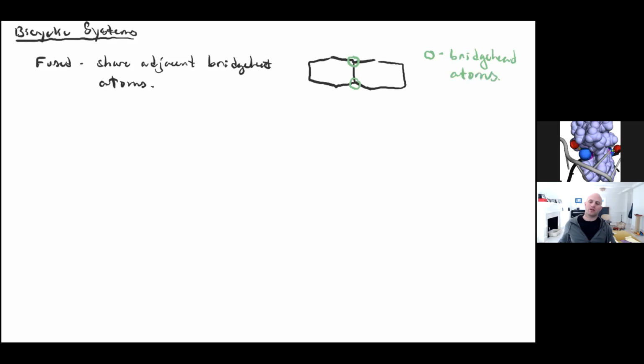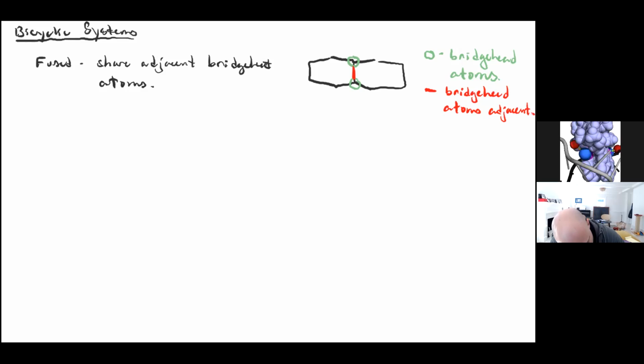And they're bridgehead because they bond to both rings. And because they are bonded to each other, they're adjacent. Okay, and so that's what we would refer to as a fused bicyclic system.